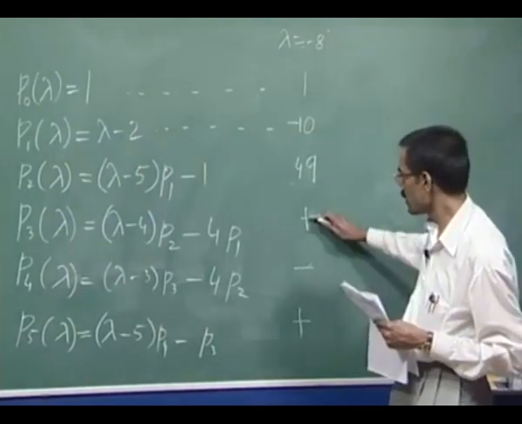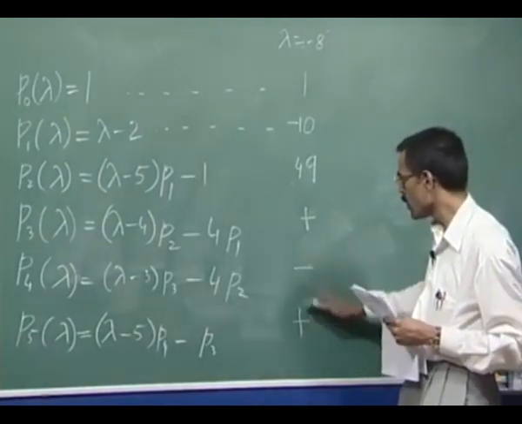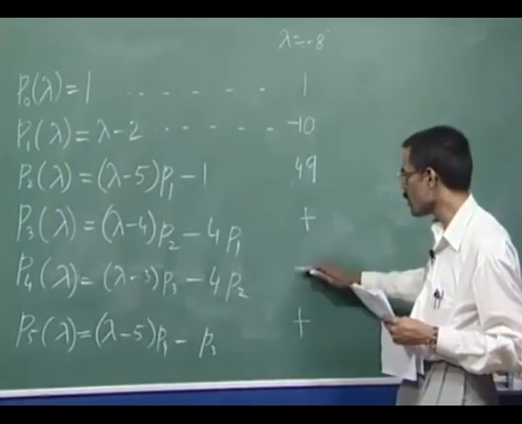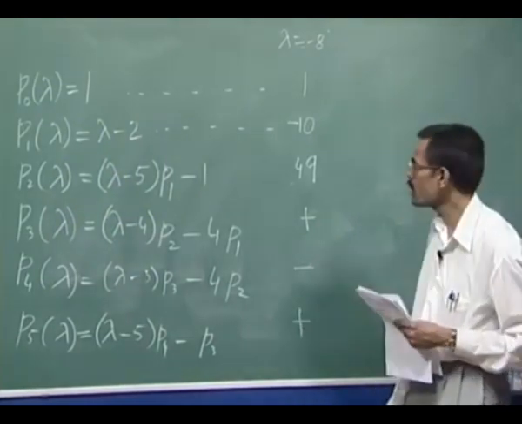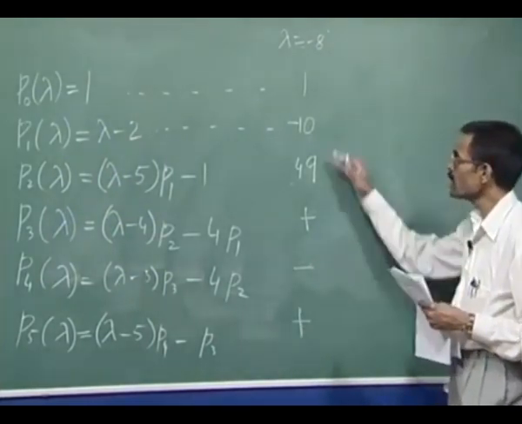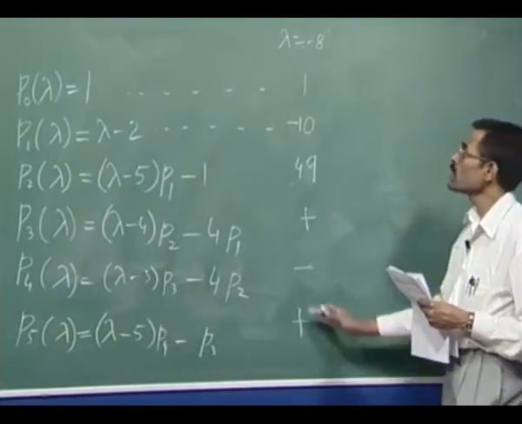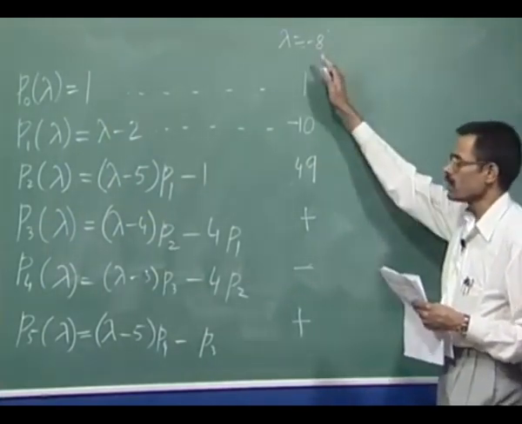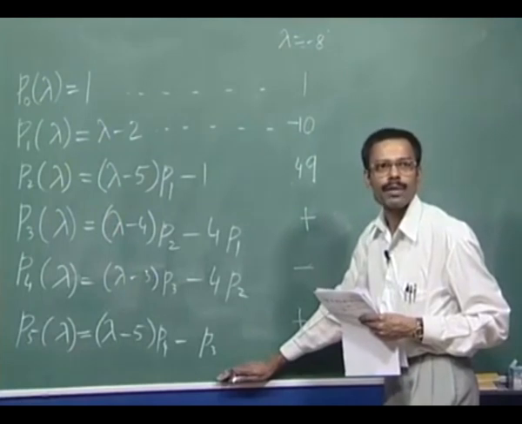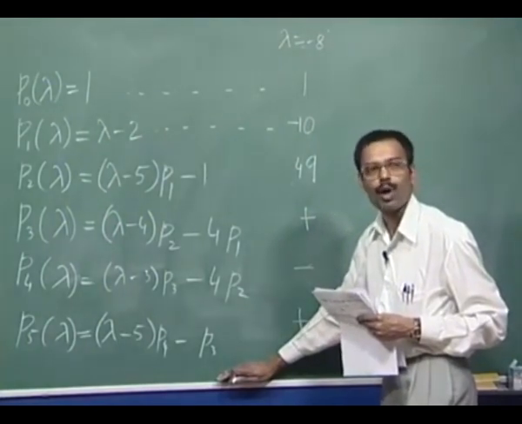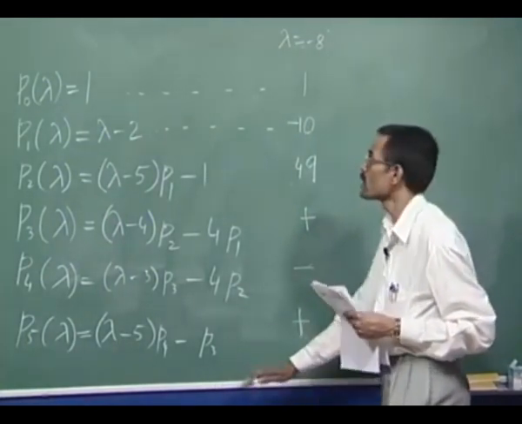I suggest that you verify and check that these turn out to be positive, negative, positive, and so on. Okay. And then you will find that there are 5 sign changes from top to bottom. That means, above minus 8, P5 will have 5 roots. That means, all the 5 roots are above minus 8.